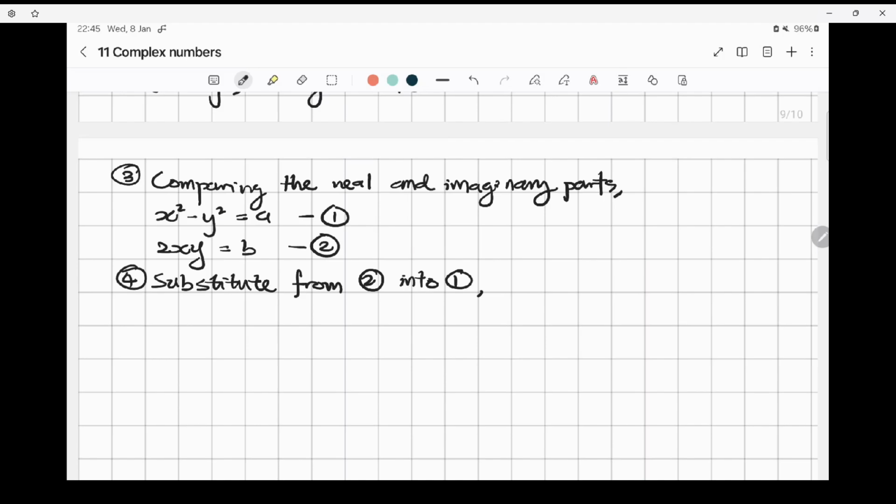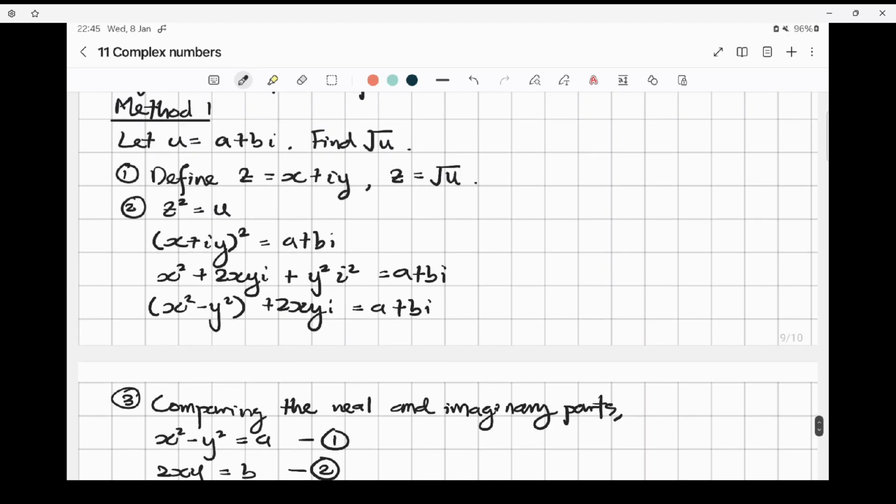Basically, you substitute from the second equation into the first equation, either x or y, and then solve the quadratic equation and find what x and y are. That's roughly what you need to do for the first method.